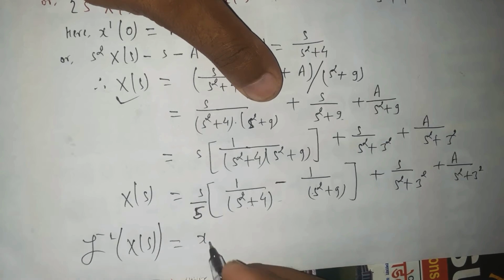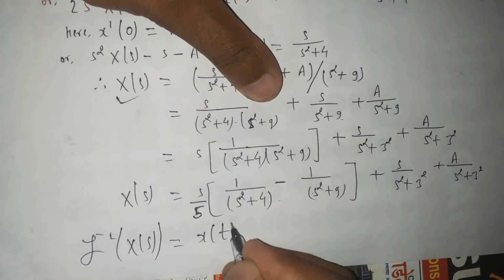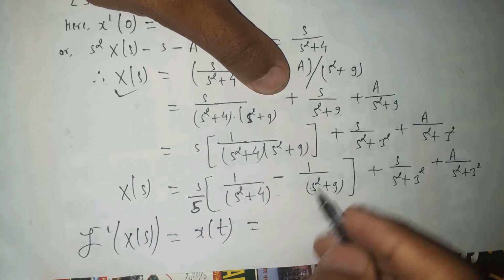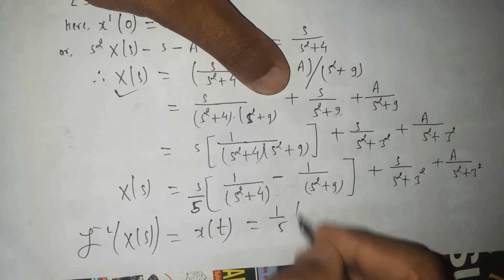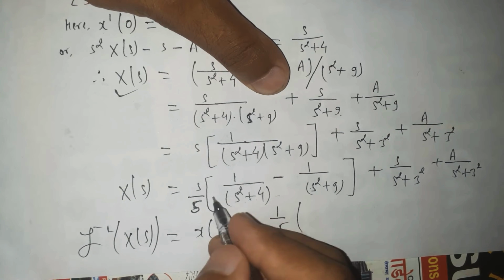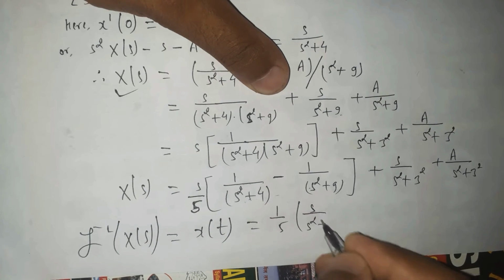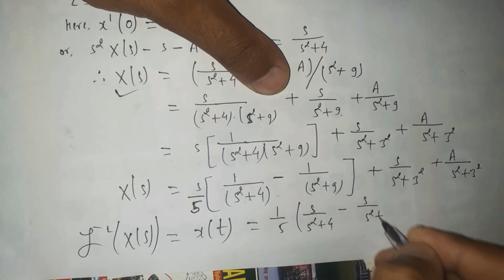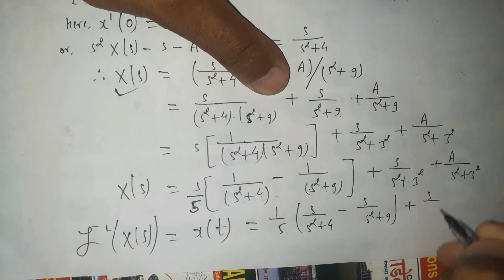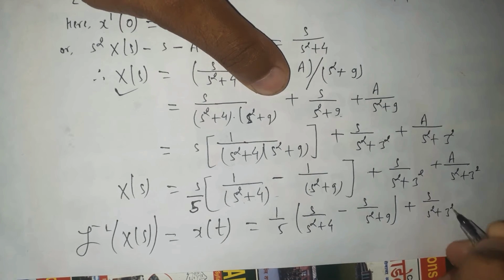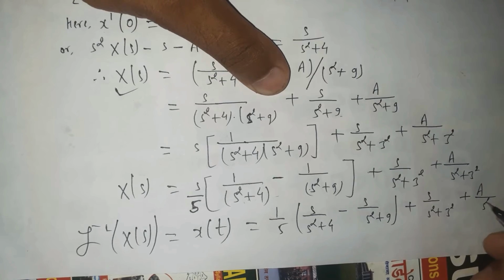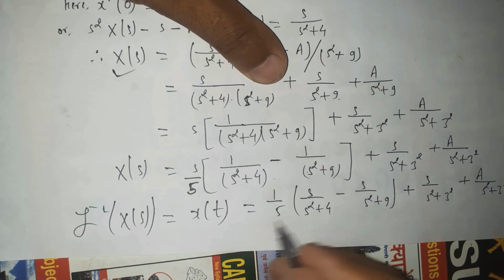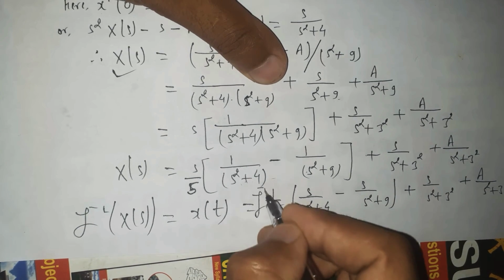It is the small x, a function of t, small x of t, which equals, we can distribute this s to each term here, 1 over 5 times s over s square plus 4 minus s over s square plus 9 plus s by s square plus 3 square plus a over s square plus 3 square. We can accumulate the like terms here, and the inverse Laplace transform is taken.